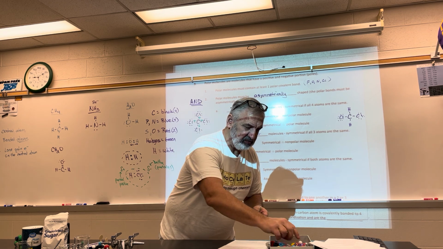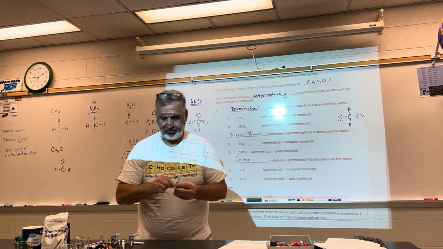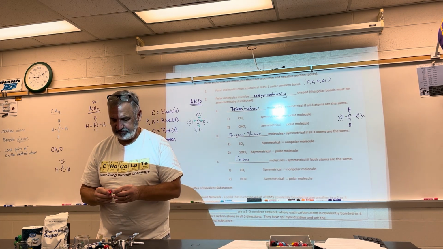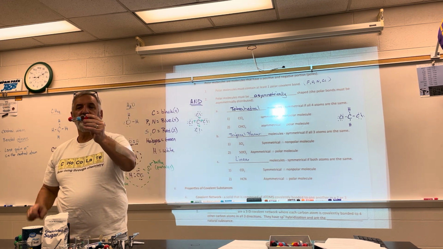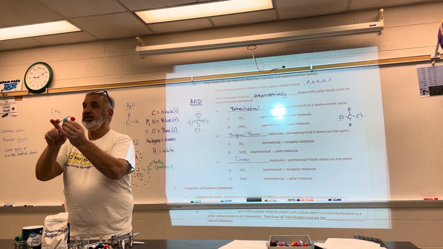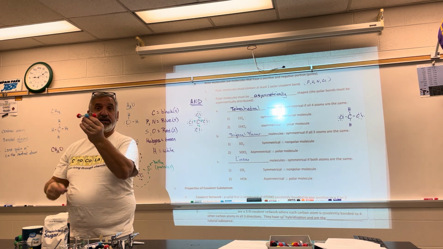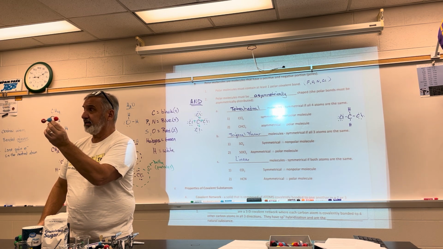On your sheet, what's the shape of CO2? Linear. It's linear. So here's CO2. Okay, so even though the pull's going to go this way and that way, they're going to cancel each other out, not go anywhere. It's symmetrical, so they balance each other out.